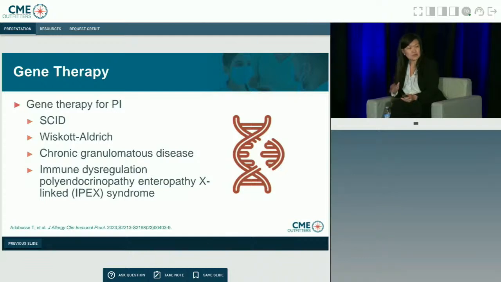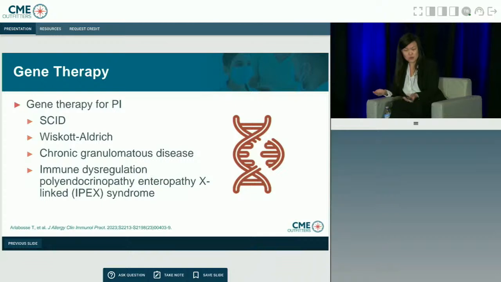And one wonderful thing about gene therapy, to tie it back to the previous talk, is that when you need a transplant, if you have a match, right? So if you have a perfect sibling match, wonderful. But if you don't, then you have to go to basically a bone marrow bank or stem cell bank and hope that you have a match.